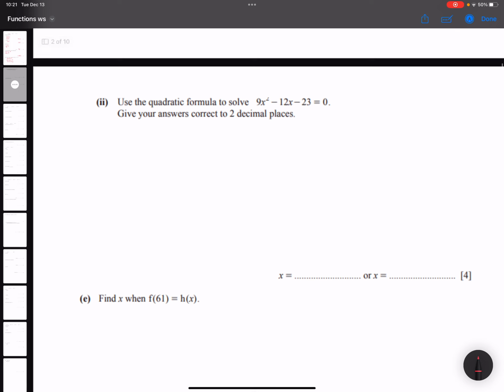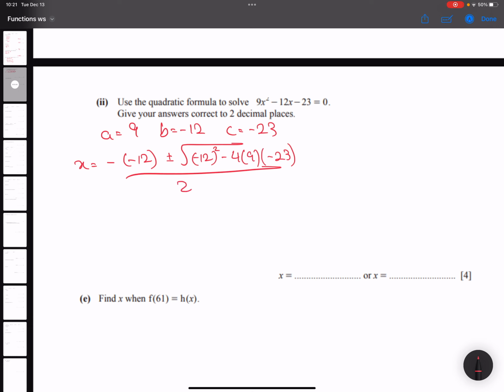Then use the quadratic formula to answer this. Now they specified the quadratic formula, and I'm going to say that a is equal to 9, b is equal to negative 12, and c is equal to negative 23. x is equal to minus negative 12 plus or minus the square root of negative 12 squared minus 4ac, all over 2 times 9. x is equal to 12 plus or minus, and I'm going to put this in my calculator.